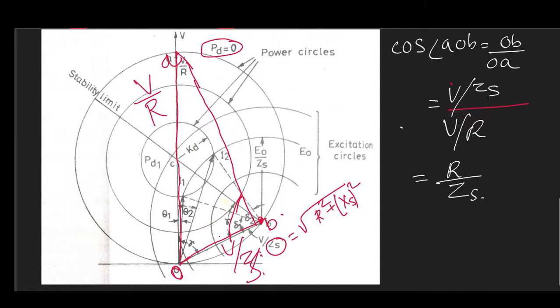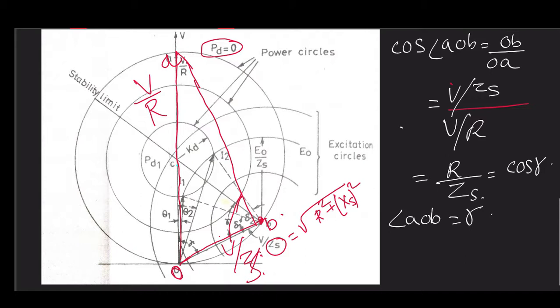So R by ZS is basically giving you cos gamma, right? Therefore this angle AOB is your gamma.